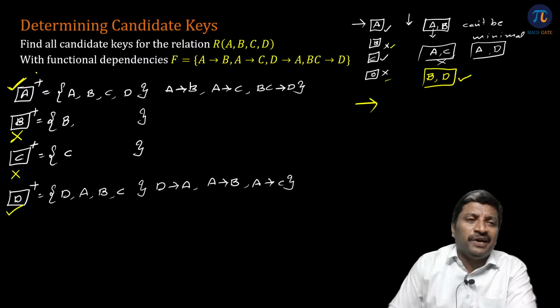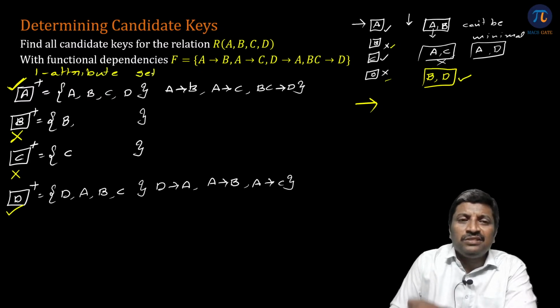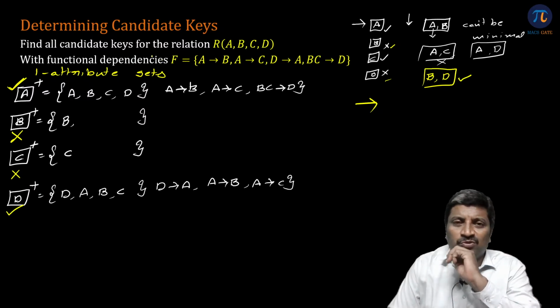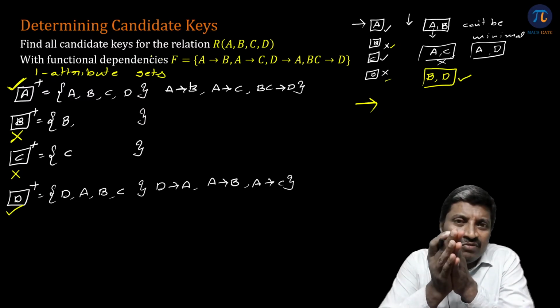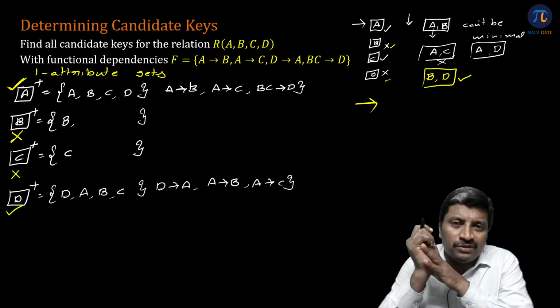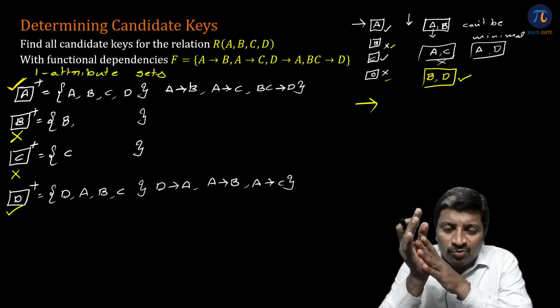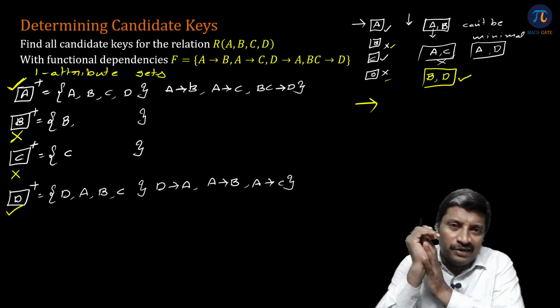So we have completed one attribute sets. Now we need to consider two attribute sets, then three attribute sets, then four attribute sets. But while we are listing two attribute sets, we don't consider the attributes which are already candidate keys.